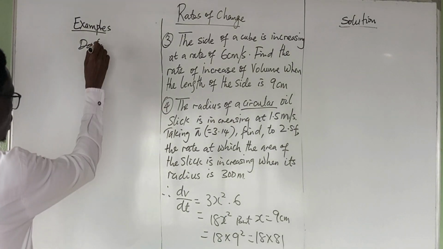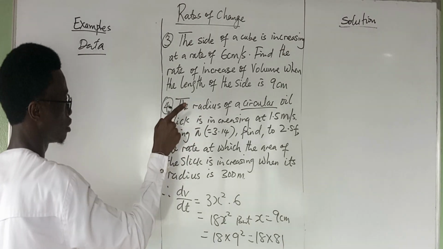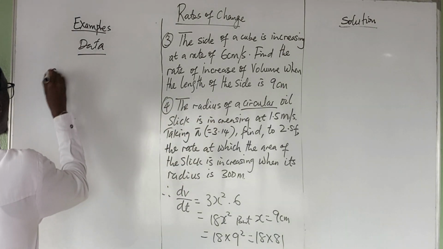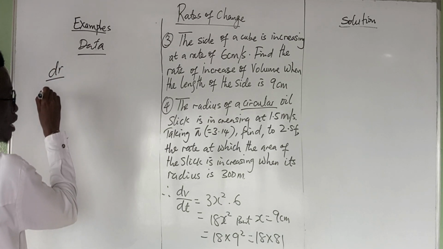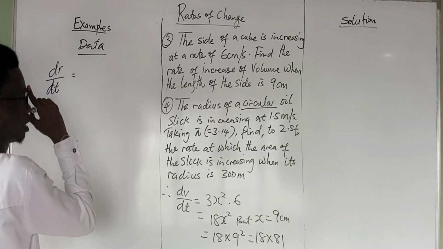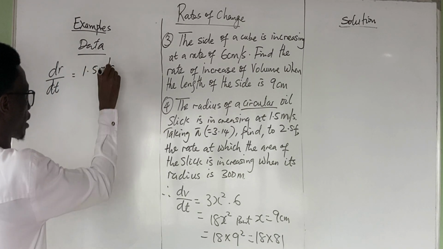So we have data: the radius of a circular oil slick is increasing, so dr over dt is giving us 1.5 meters per second.